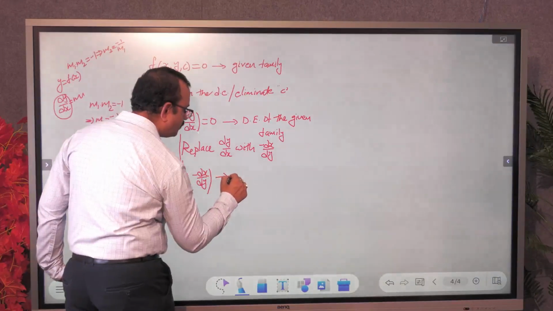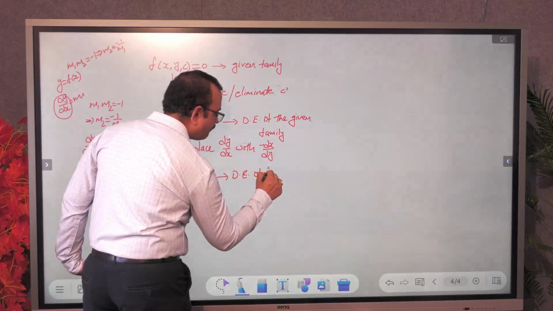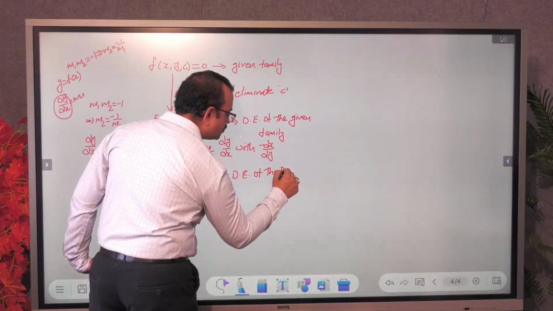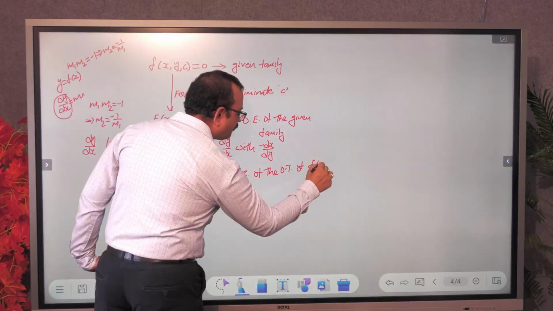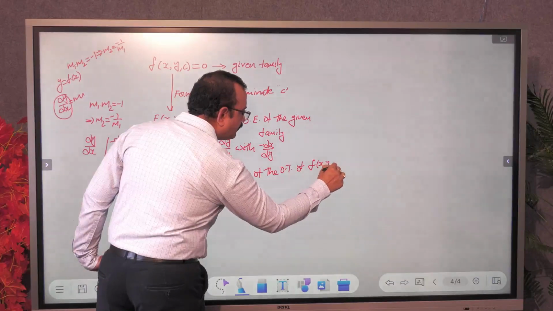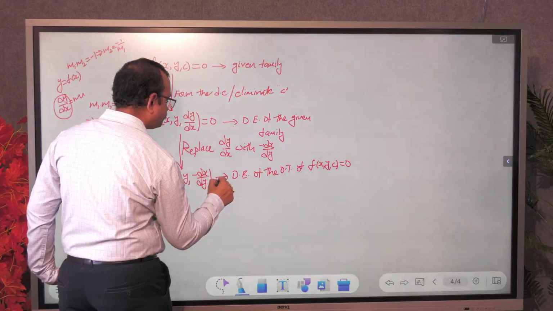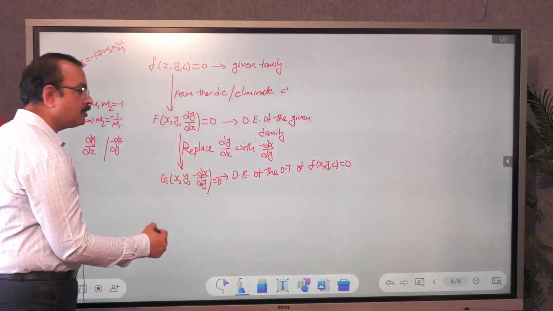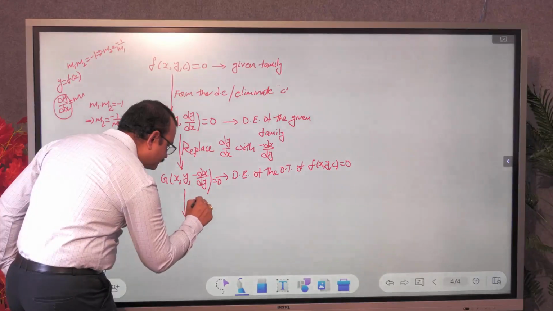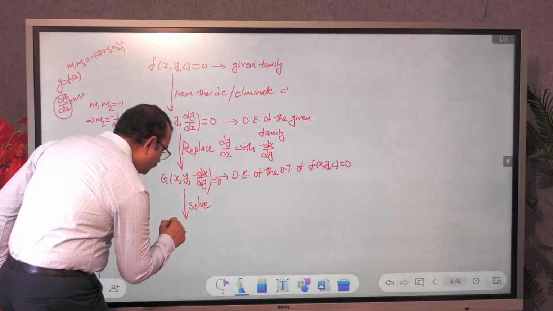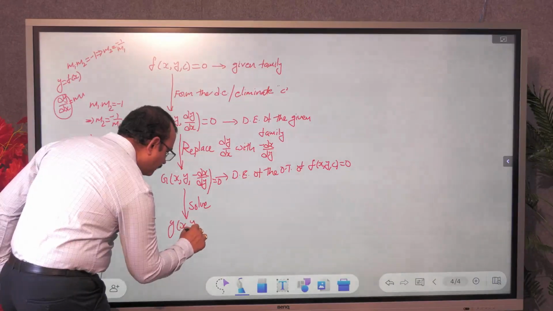So this is nothing but the differential equation of the orthogonal trajectory of F, or otherwise of the given family. Now to get the orthogonal trajectory, what do we have to do? We just solve this one. Then we will get an arbitrary constant once again.